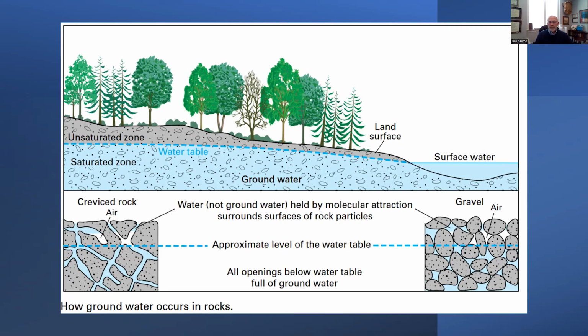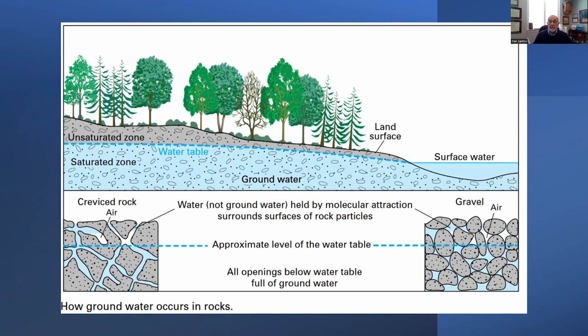Now, why is that important? Well, now we start talking about how much water is in the ground and how it moves. So how much water is in the ground is based on a term called porosity. You may have heard that before. Porosity is basically how much space there is between the material that the ground is made up of.